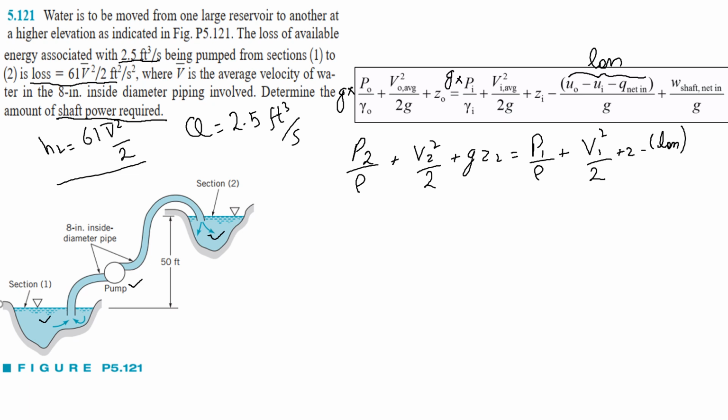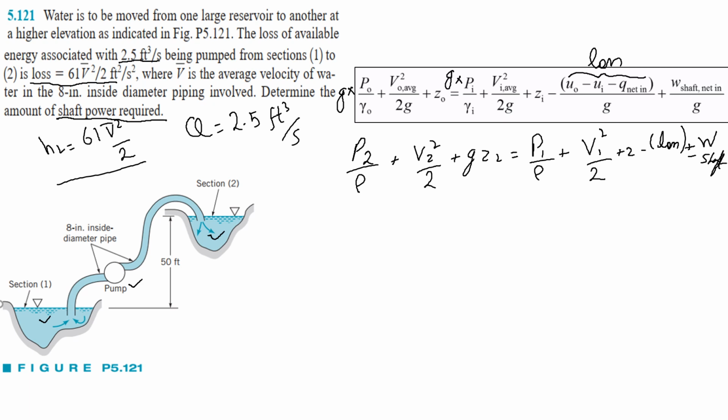And this term will be W, that is the work that the shaft does on the fluid. Here the work will be positive because we are imparting energy to the fluid. The shaft is working on the fluid, adding energy to the fluid.